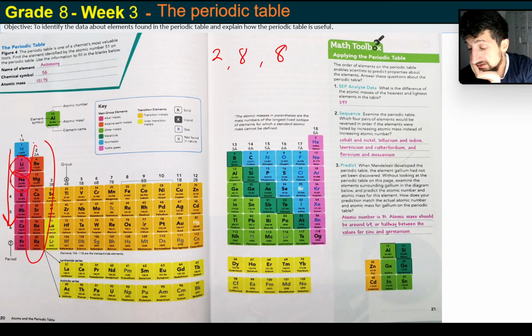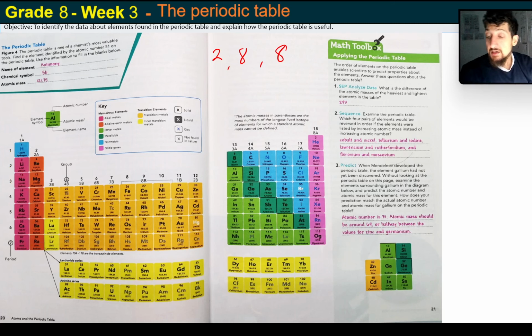What about these guys here? The alkali earth metals. So these guys are also reactive. Not as reactive as the first group, but they are also very reactive, and their reactivity increases as you go down the periodic table. Okay?